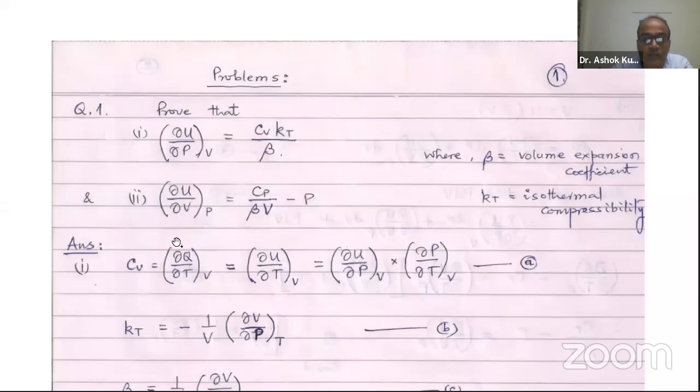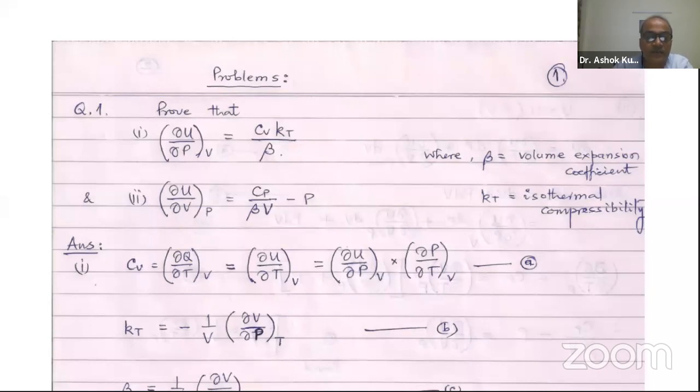So this is a trick which usually the student get confused from where it came. How del q becomes del u, it is because it is at constant volume. And if we write for del q, then the pdv part will be 0, and therefore del q becomes del u. This can be written as del u upon del p into del p upon del t. So that these two will be cancelled out and we will have this.